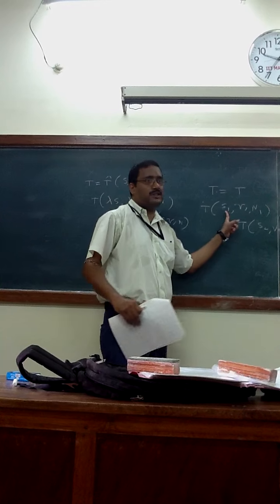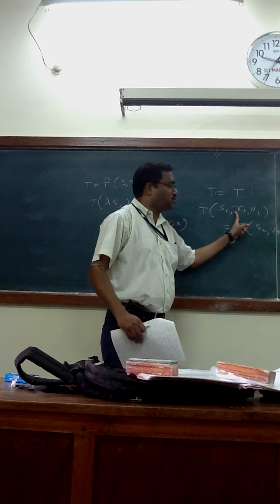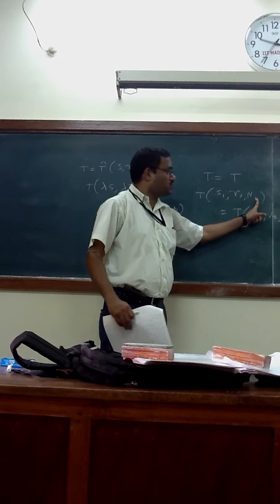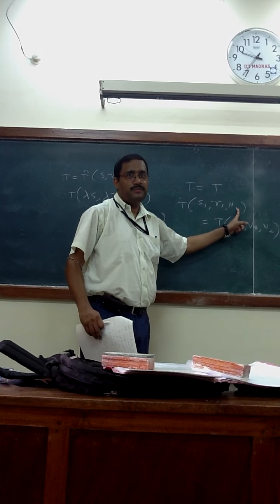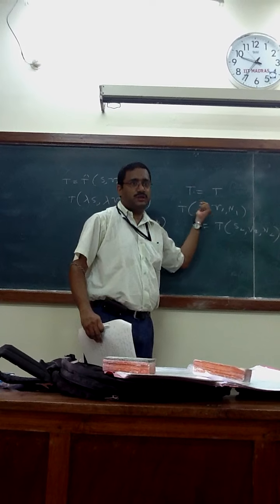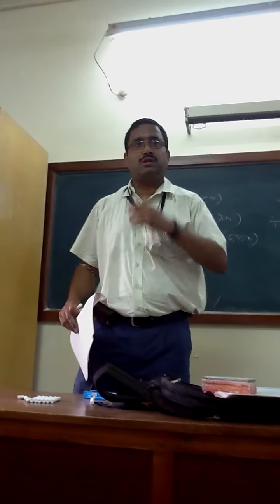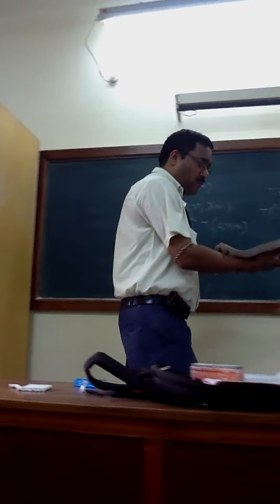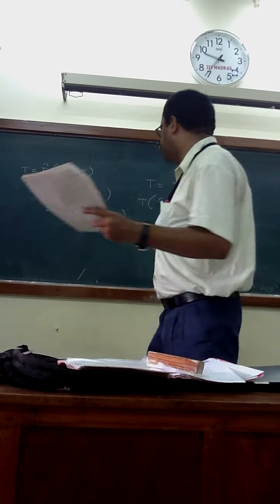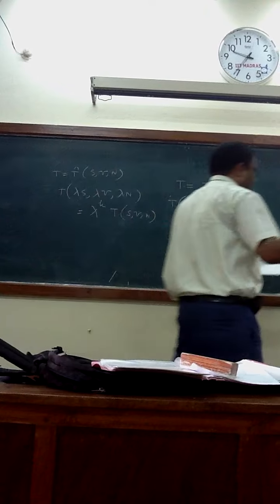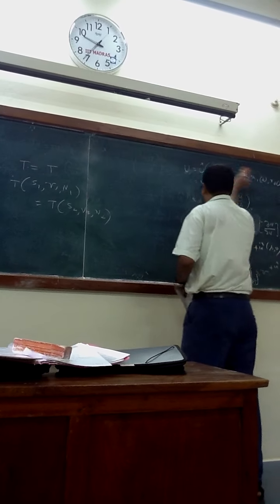S1 equals lambda S2, V1 equals lambda V2, N1 equals lambda N2. Now you can see that it comes out as lambda to the power 0, so it is a homogeneous function of zeroth order. So that problem was given, but you can do that based on the simple concept, and there is a cross-verifying benchmark.